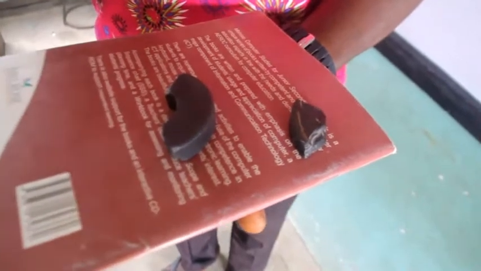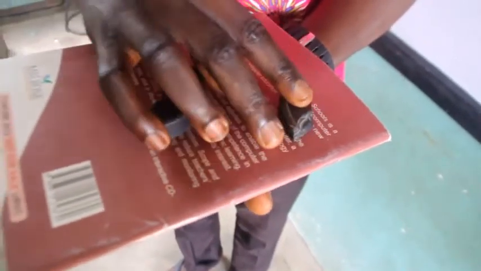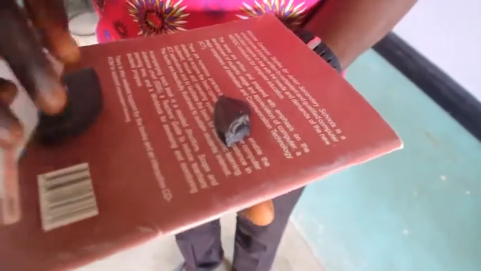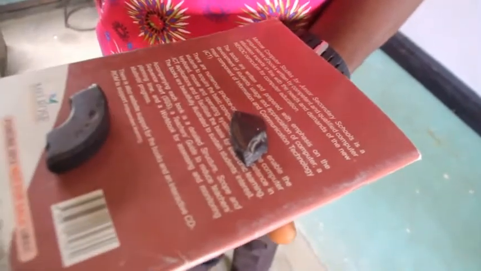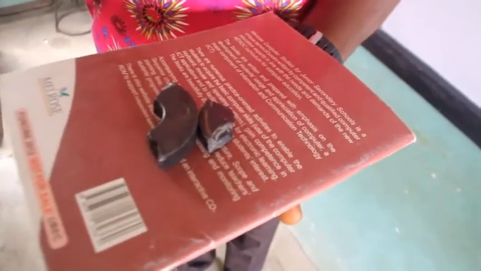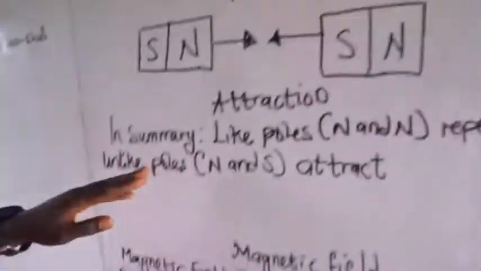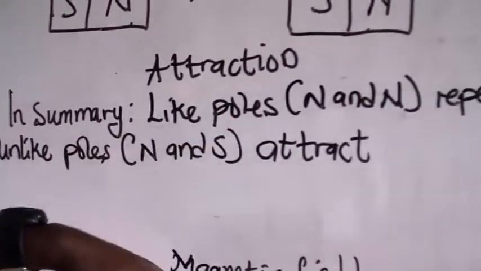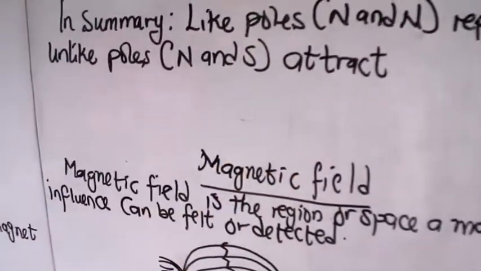That is, like poles will not attract. But let's see opposite poles, unlike poles. What will happen? This shows that like poles repel and opposite poles attract. So in summary, like poles repel, unlike poles attract.